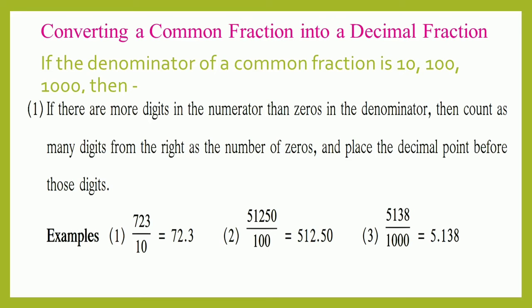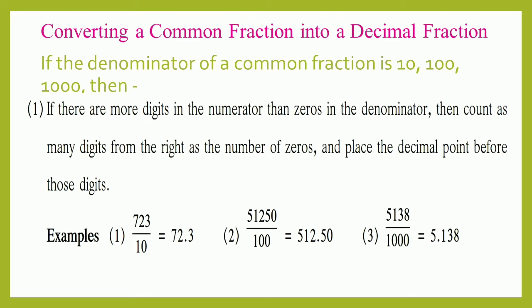Now we will see how to convert a common fraction into a decimal fraction. If the denominator of a common fraction is 10, 100, 1000 or a multiple of 10, we can easily convert it into a decimal fraction. For that there are 3 rules. We will see the first rule. If there are more digits in the numerator than zeros in the denominator, for example the fraction 723 upon 10, in 10 there is only one 0, and in the numerator there are 3 places.